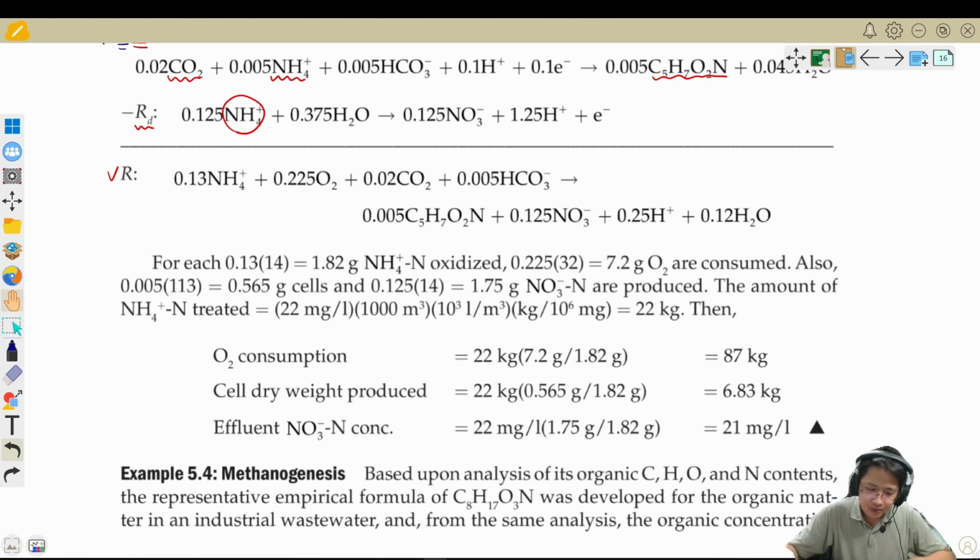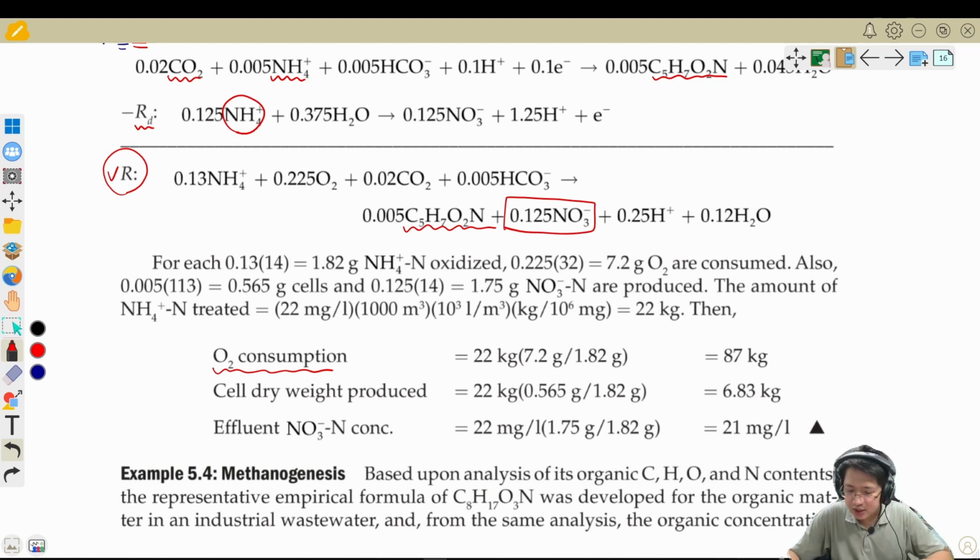After you get the overall reaction, you can very easily understand how much oxygen consumption you require for the nitrification, how much biomass will be generated after the nitrification, and also the final effluent nitrate concentration you will get.